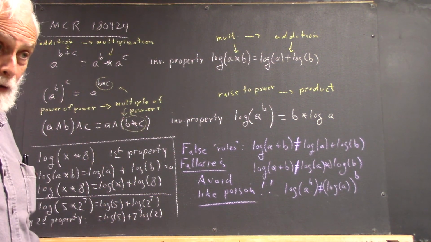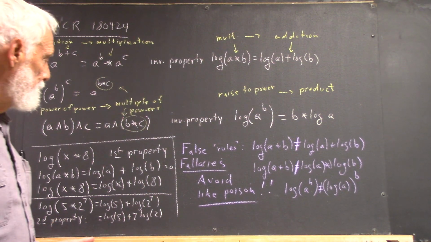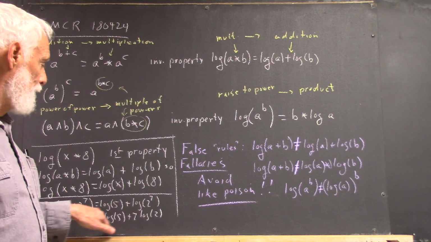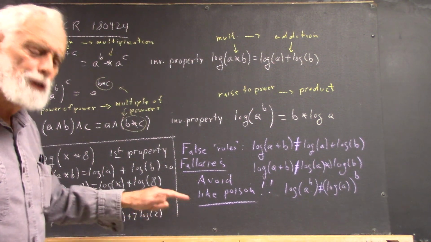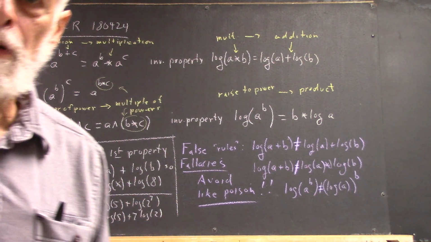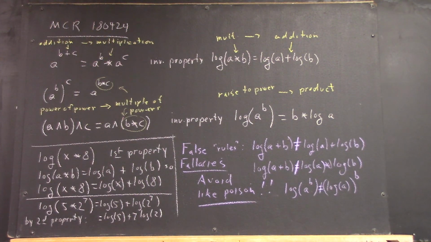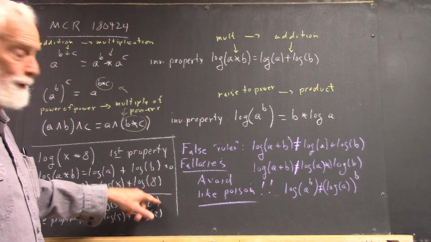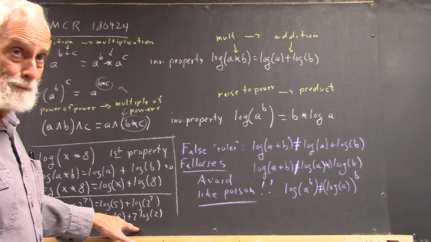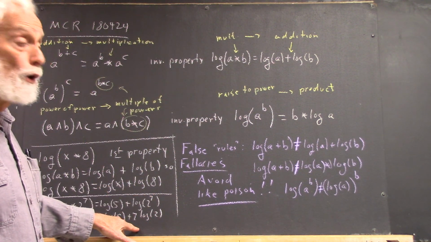It's easy to punch into your calculator. But it doesn't simplify this in the way we want to. Okay? You'll see how it works. So you don't want to do that. If you've got a log of something to a power, you always want to do this. Okay? Unless you're trying to go the other way with these.